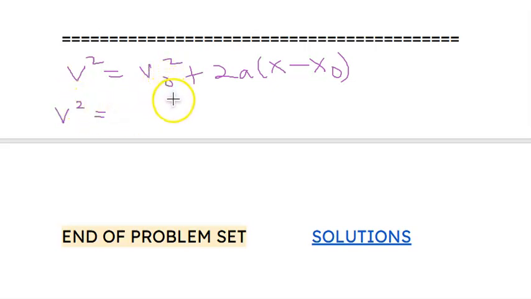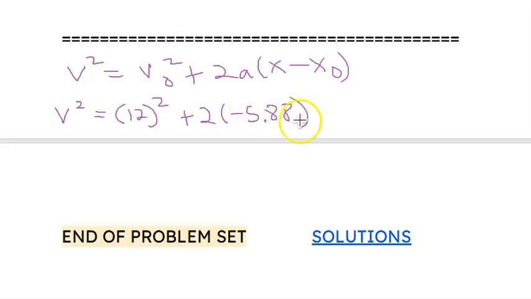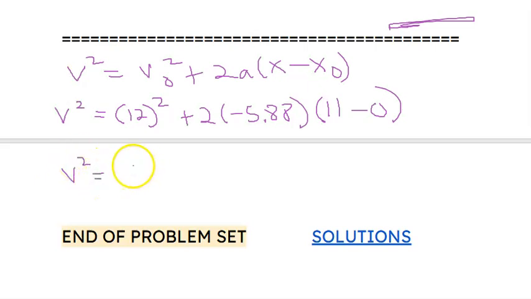Okay, V naught was 12. And we found out that they were decelerating at 5.88. The mud was 11 meters long, so we just decided to start the measuring tape where they started, and the total distance is 11. So you get V squared equals 144 minus 129.36.